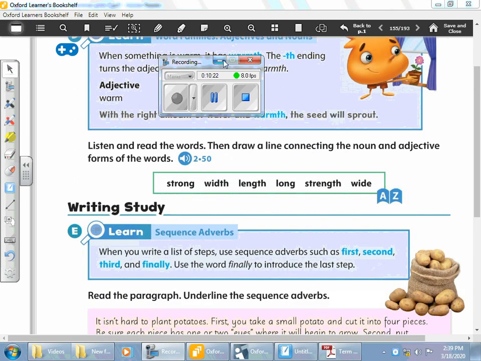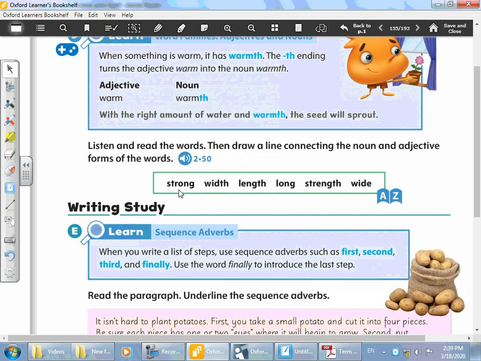Okay, so before we answer the questions in the booklet, let me explain for you the meanings of each word. Okay, so I told you to look for them in the dictionary. So who found the meaning of the word long? Excellent. It's an adjective. It means far from one end to the other.